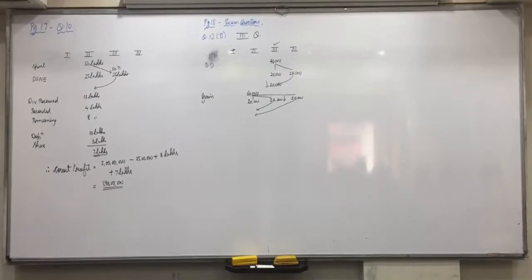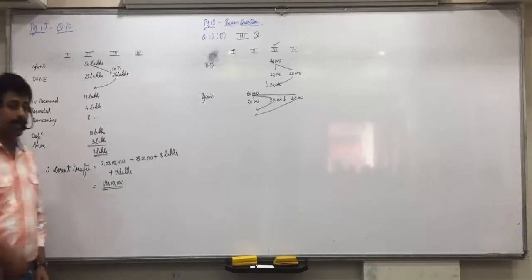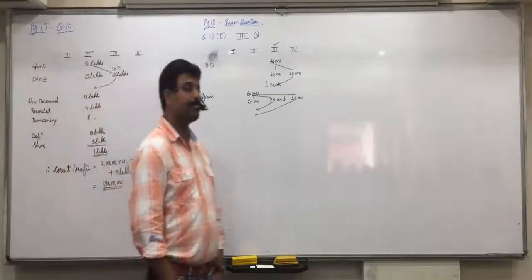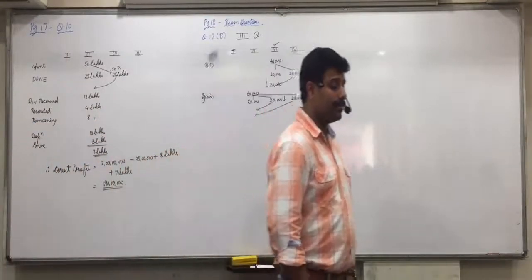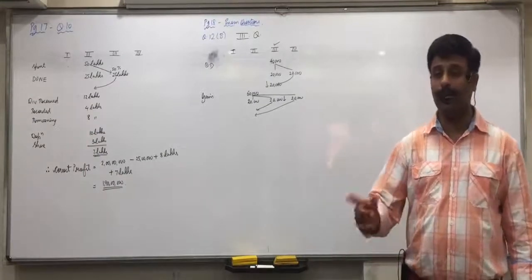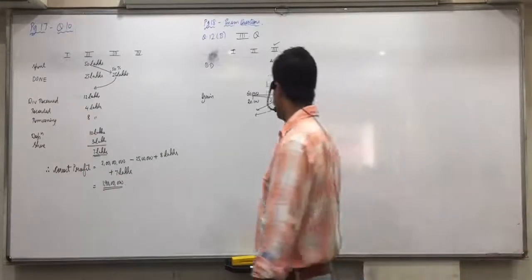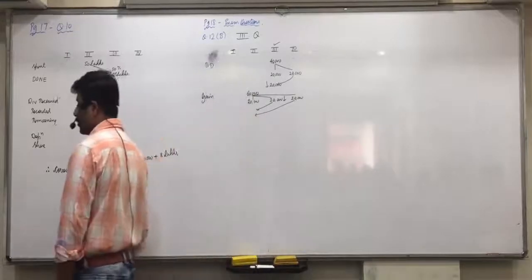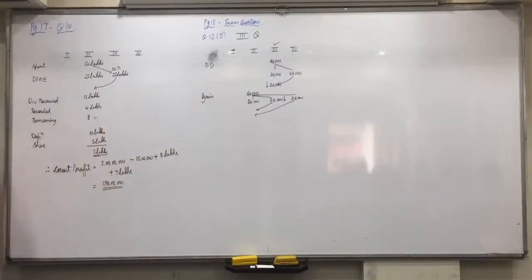Full stop. Thus, profits will decrease by rupees 20,000, in bracket 40,000 into 50%. Any confusion in this? Second point.